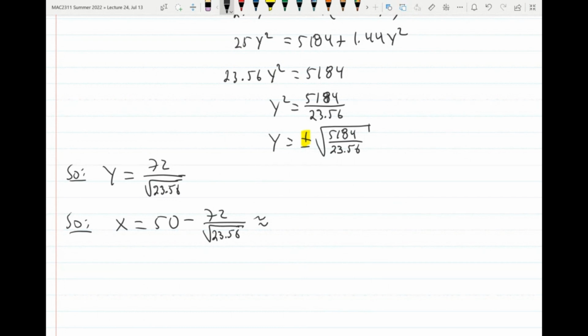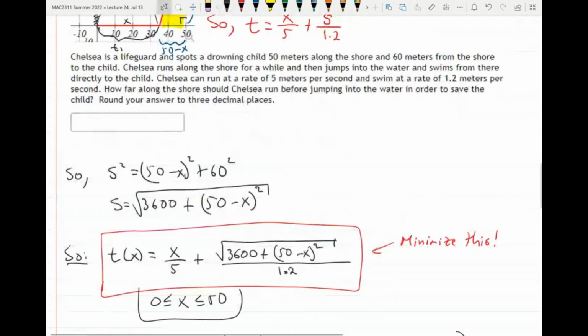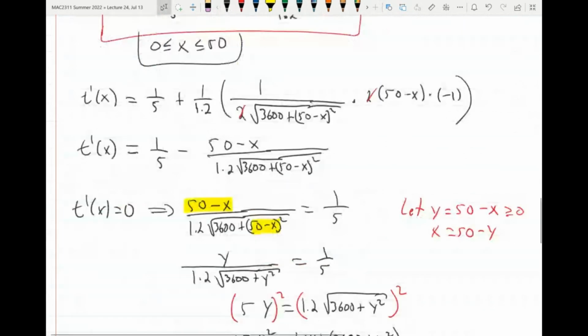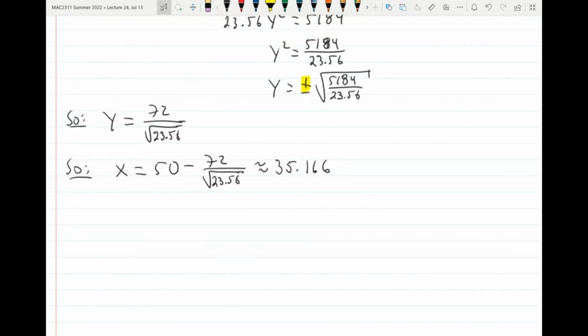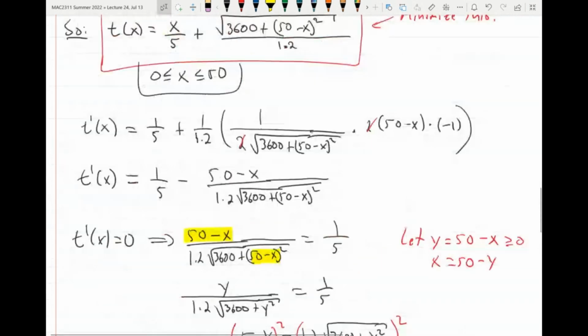So 72 divided by the square root of 23.56, make it negative, and add 50. So I get 35.166. The problem does say to round your answer to 3 decimal places. So that's why at this point, that's when I'm introducing the approximations. And we're talking about meters, right? Meters.